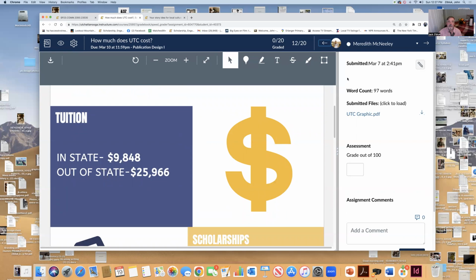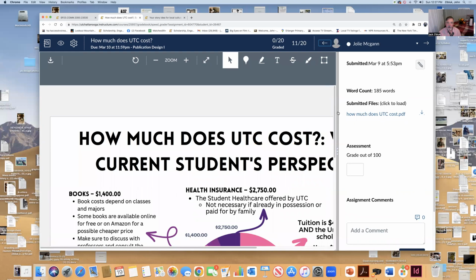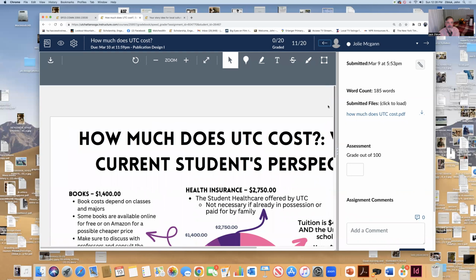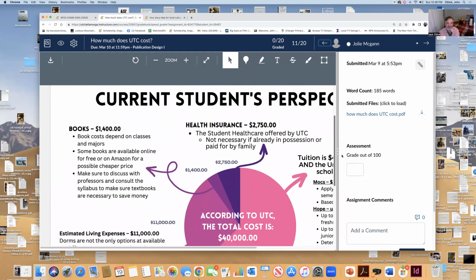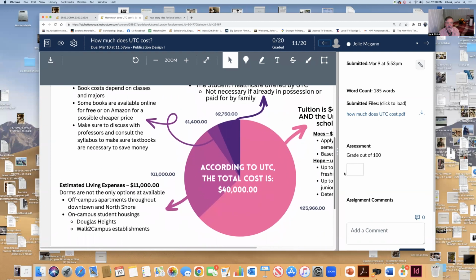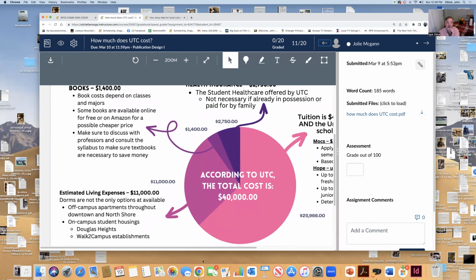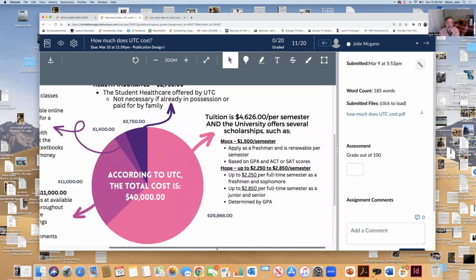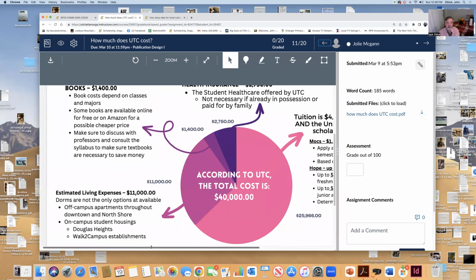Just a lot of information, but they don't really all go together. A lot of stuff here. I like the idea. 40,000 a year. It's interesting how you all come up with different costs. And that's part of this assignment because there's not one way to look at it.